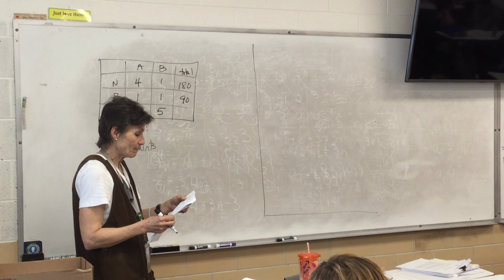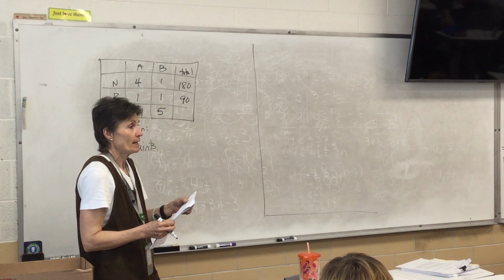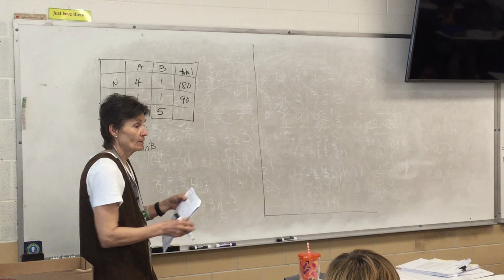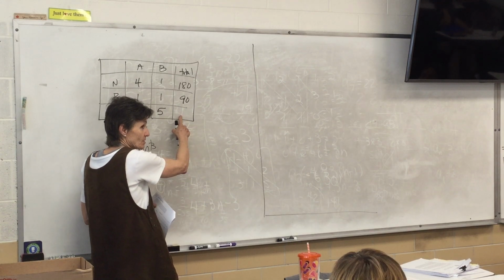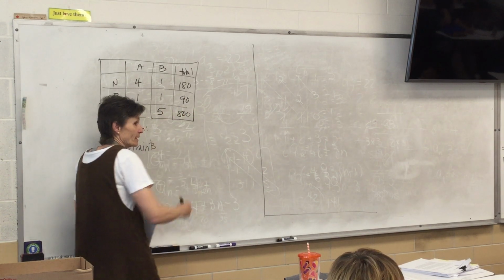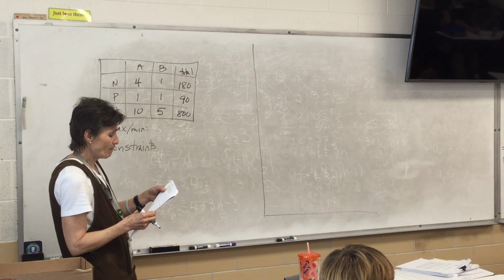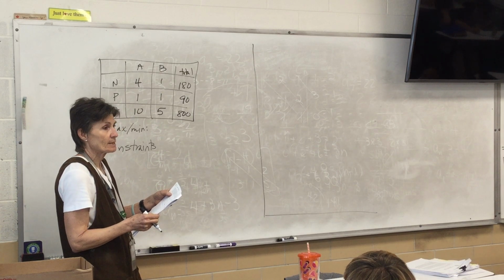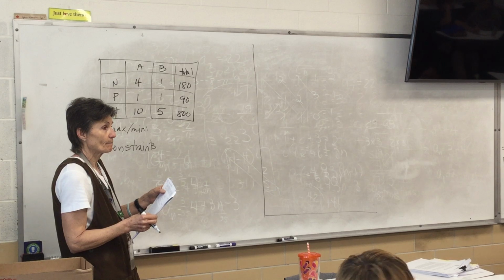Johnson's Produce can pay at most $800 for the fertilizer. Where does the $800 go? Well, I hope it goes right here, since that's the only box left. Would that be the total cost? Yep, that makes sense. How many bags of each brand should be purchased to minimize cost?